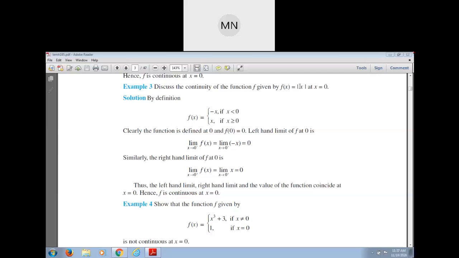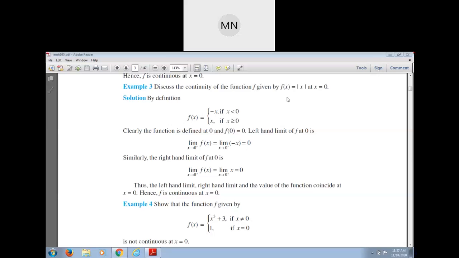Mod of x is defined as minus x if x is less than 0 and x if x is greater than or equal to 0. This is the definition of the modulus function, and this was already given when we discussed functions.